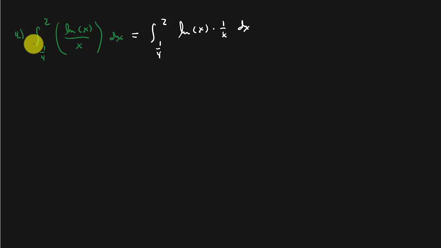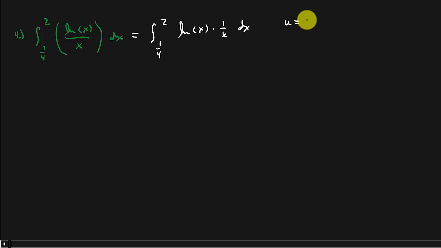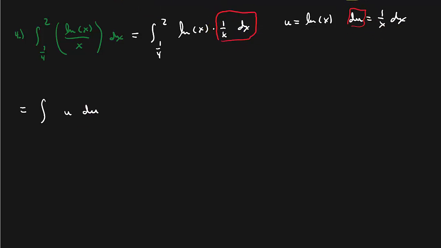All right, so I'm going to let u equal natural log x, and so du is 1 over x dx. And so this is going to be the integral u du. The natural log of x is getting replaced with u, and then the 1 over x dx, that's du, so I replace it with du.